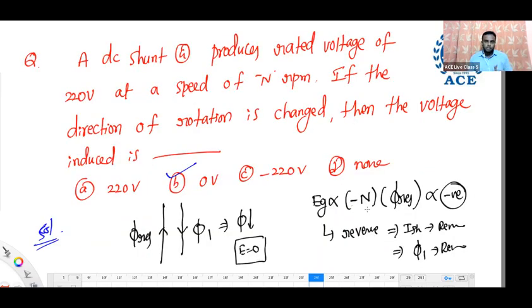So I reverse to minus n. Flux remains the same, not mentioned. And what is the overall polarity of the EMF induced? Negative, opposite. So whenever EMF is opposite or negative, the field current will also flow in the reverse direction, and that will produce a flux in the reverse direction. That is what I have taken here. So resultant flux decreases. So further voltage does not build up, decreasing to 0 finally.